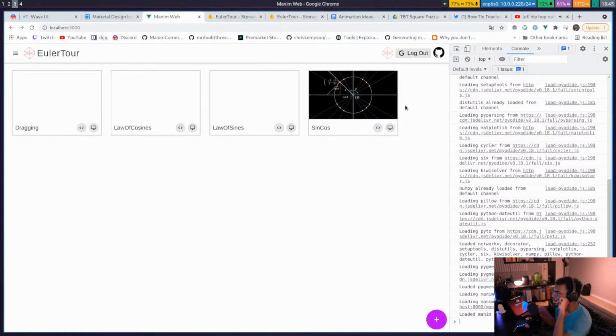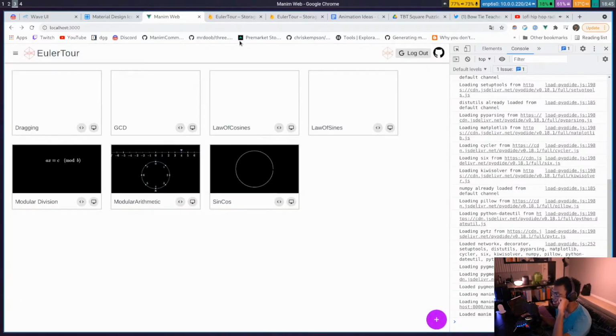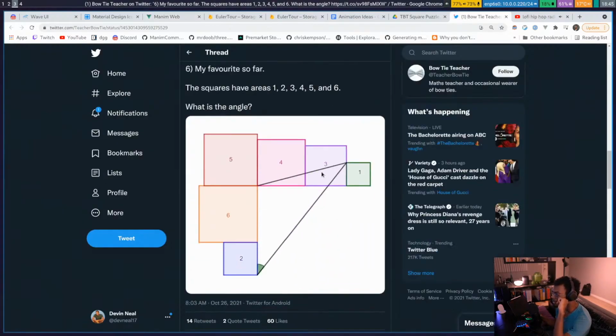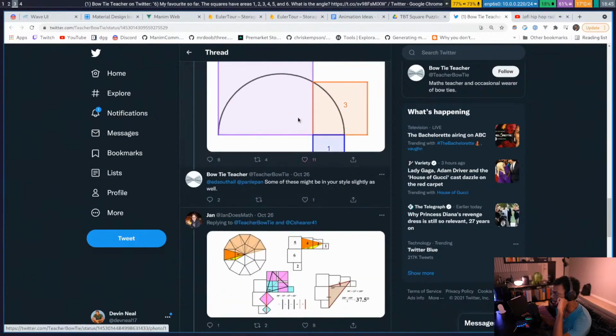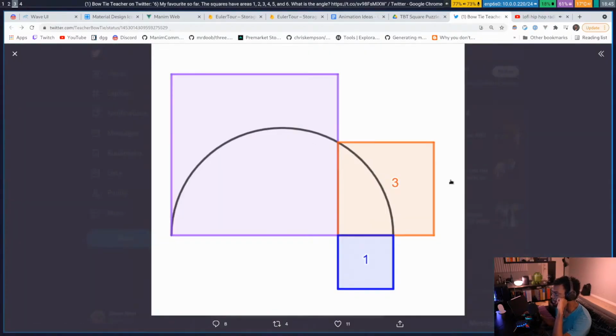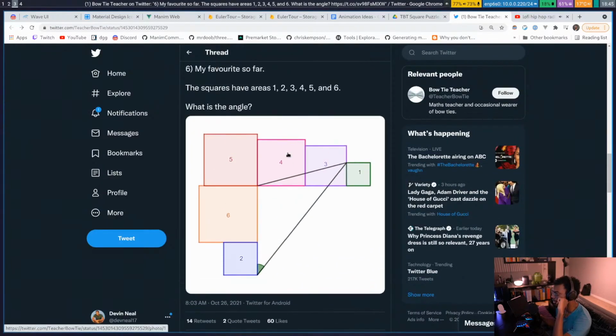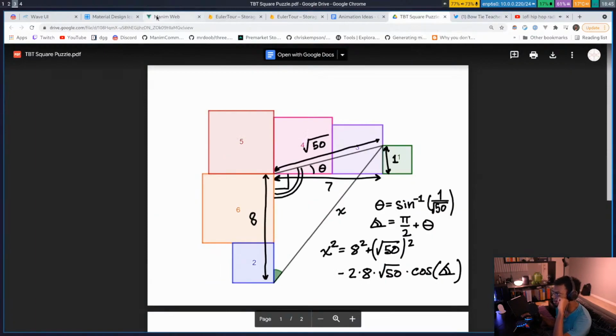So I'm just gonna start a new animation here and then animate this puzzle. Maybe I could do another one too. I'm just gonna start with this one and try to animate it well.